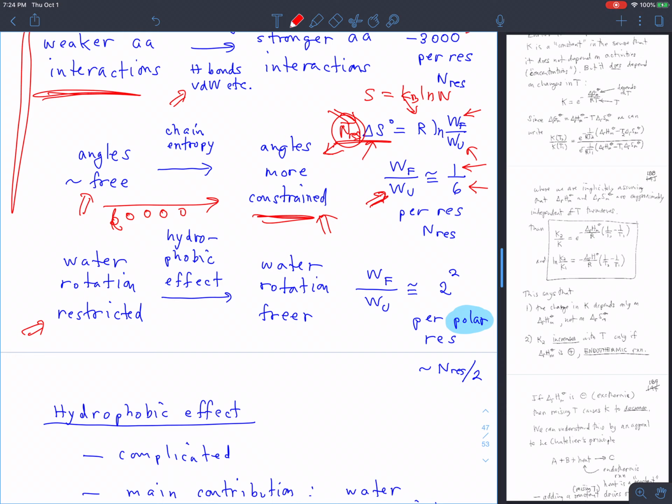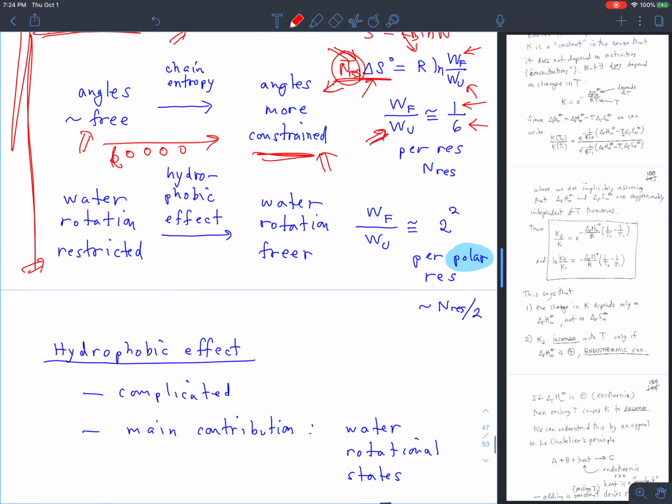Now again, there's only 3 contributions in this model. A more serious model would have a lot more contributions, and we'd worry about the sequence of the protein and everything. But in this simple model we're just going to have these 3 contributions. And that comes from the hydrophobic effect, which is a very subtle and really rather complicated thing, but for our purposes, we're going to say that the hydrophobic effect is due to changes in the freedom of water to rotate.